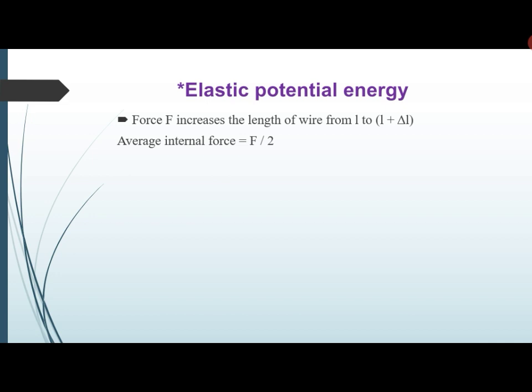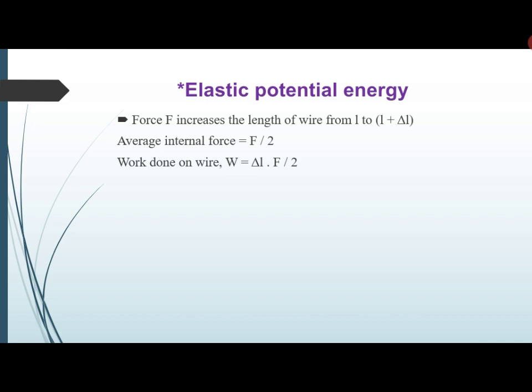and our work done due to this force will be, as we know that force into displacement is our work done, so the average work done on the wire is the change in length into the force applied.